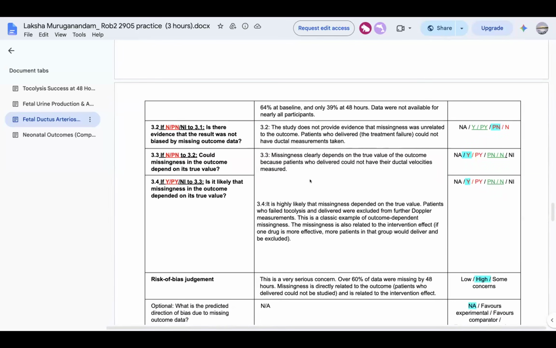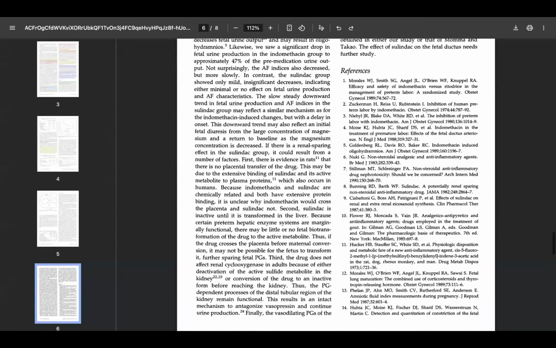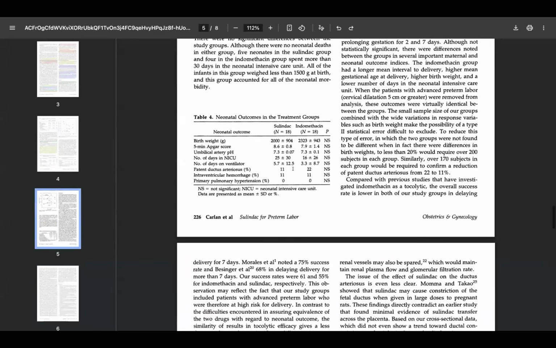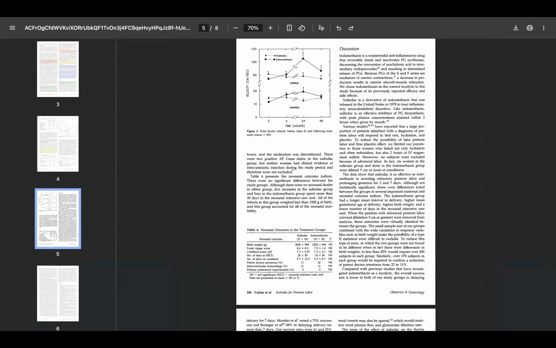Okay. And this has to do with the 226 right-hand side, the 1, 2, 3, fourth paragraph in the discussion. Because the women who had the advanced preterm labor, like they were dilated 5 centimeters or greater, meaning that the baby's probably imminently coming. They were removed, but then they did that thing that I was talking about earlier where they tested either way to see if their removal affected the outcomes.